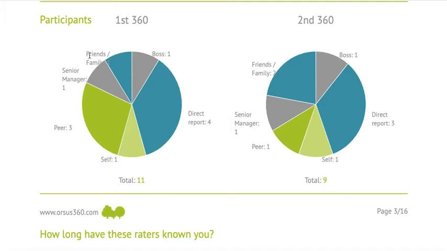So in this particular case, senior manager and friends and family will all be amalgamated, making the report perhaps a little bit less valuable to them than otherwise might be the case. When it comes to the second 360, you can see again the information on who's responded, and it is possible for the people to invite different people for the second 360.